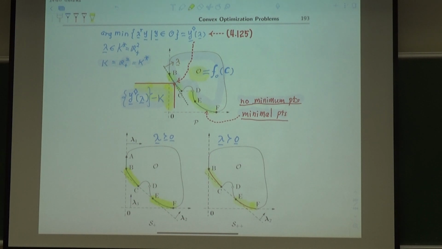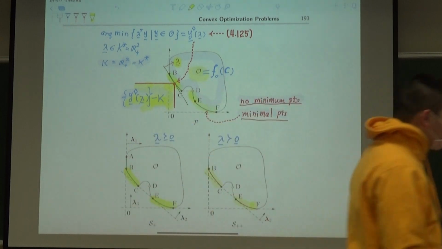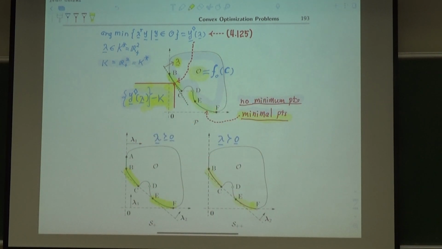There is a separating hyperplane with a normal vector, passing through this point, that separates the set O and this set. Then this point is a minimal point. This is what we have covered in chapter 2.